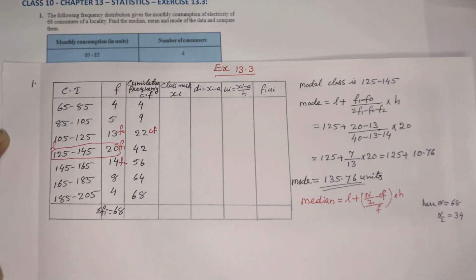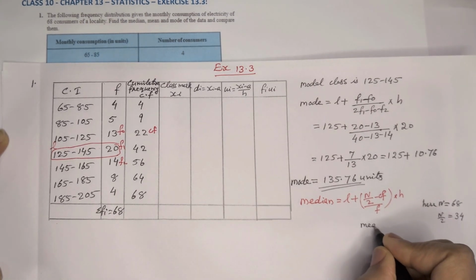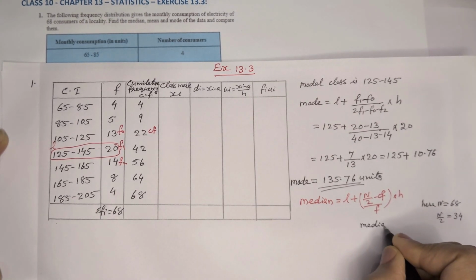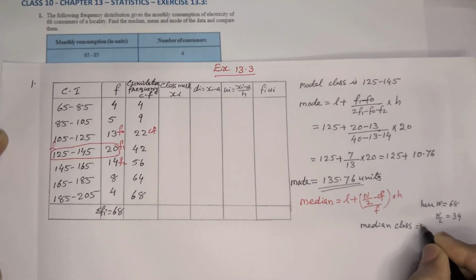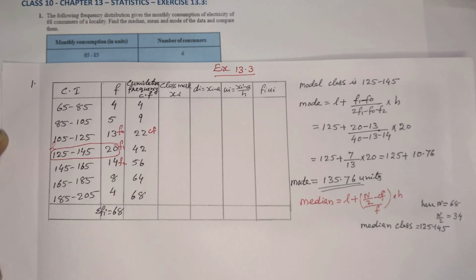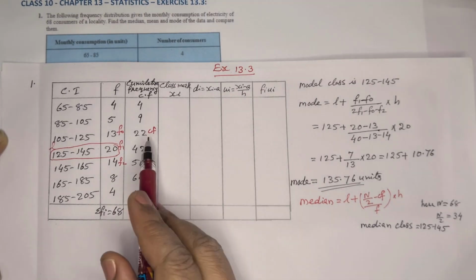So median class is equal to 125 to 145. Now here L is equal to 125 and F is equal to 20, cumulative frequency is equal to 22.